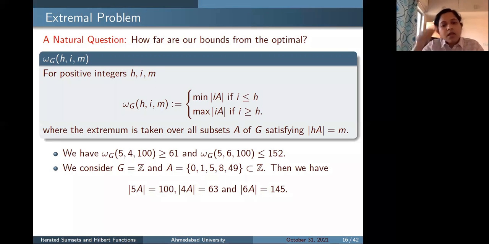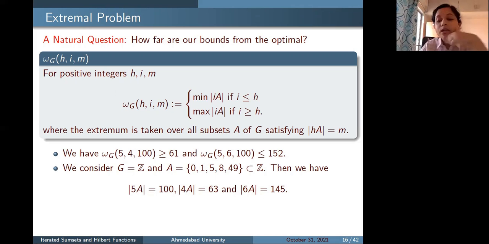Now, if we consider our group to be Z, and if we take a particular set, let's say A containing 0, 1, 5, 8, 49, then we observe that for this particular set, the cardinality of 5A is 100, the cardinality of 4A is 63, and the cardinality of 6A is 145.